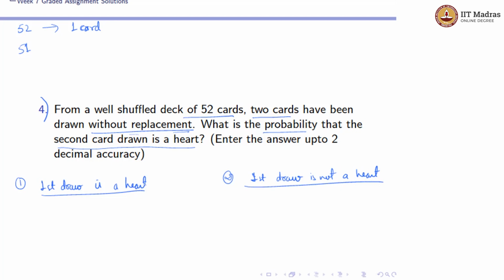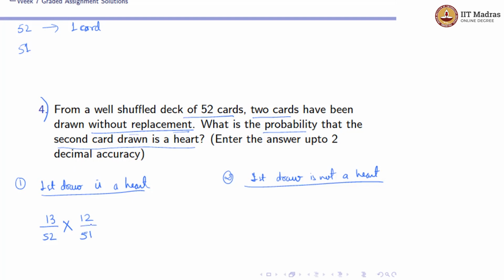When the first draw is a heart, the probability of getting the heart on the first draw is going to be 13 by 52, since there are a total of 13 hearts, and the probability of getting another heart, because we have to find the probability that the second card drawn is a heart, is going to be 12 by 51.